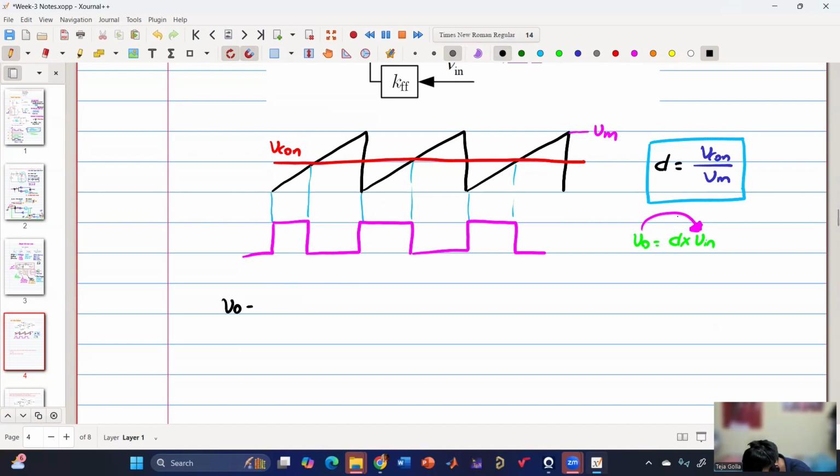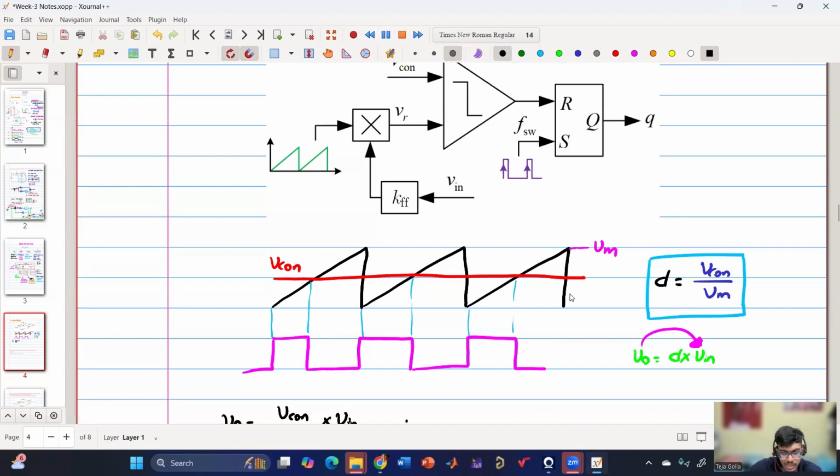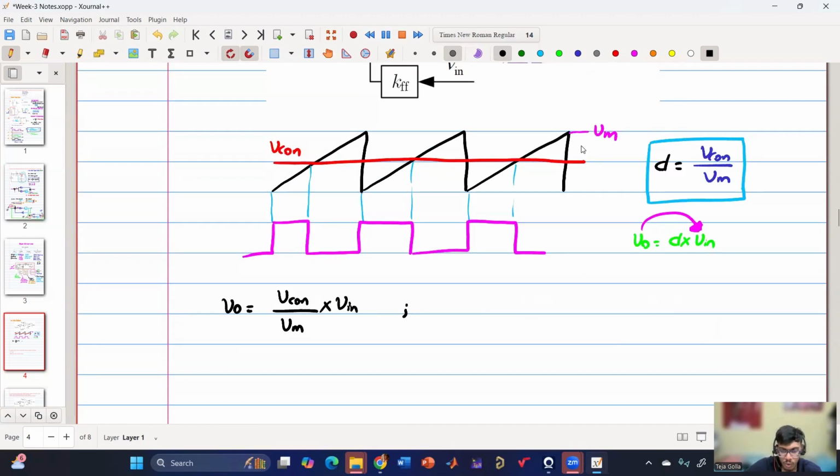V0, if we replace D, is control voltage by Vm into input voltage. The control voltage is not in our hands, it is coming from the controller. But the sawtooth that we are comparing is in our hands. So what if the peak voltage of this sawtooth, Vm, is a function of Vin? Say Vm is nothing but some feed forward gain into Vin.